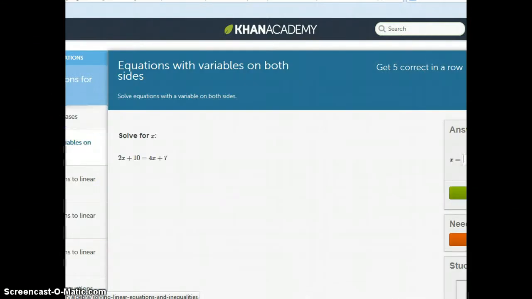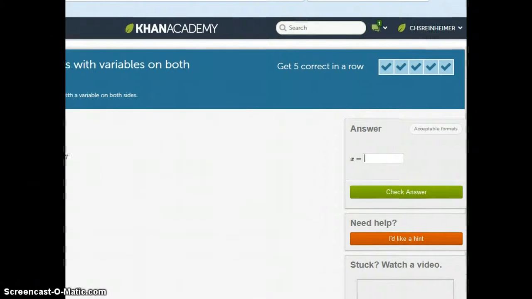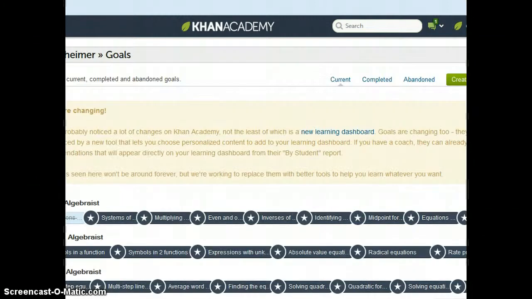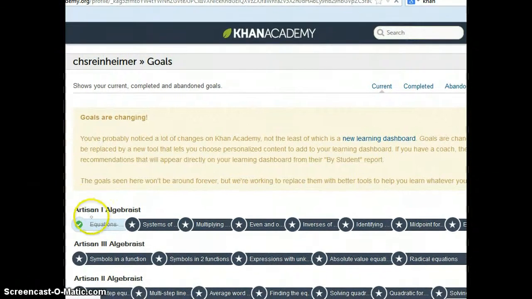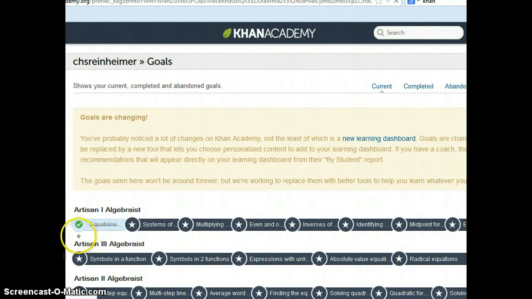All I had to do was get through 5 problems in a row in order to complete that particular problem set. That one is really easy. There are others that are a little more difficult. All I want you to do is complete each one. As soon as you see the line through it, you're done with it. Move on to the next one.